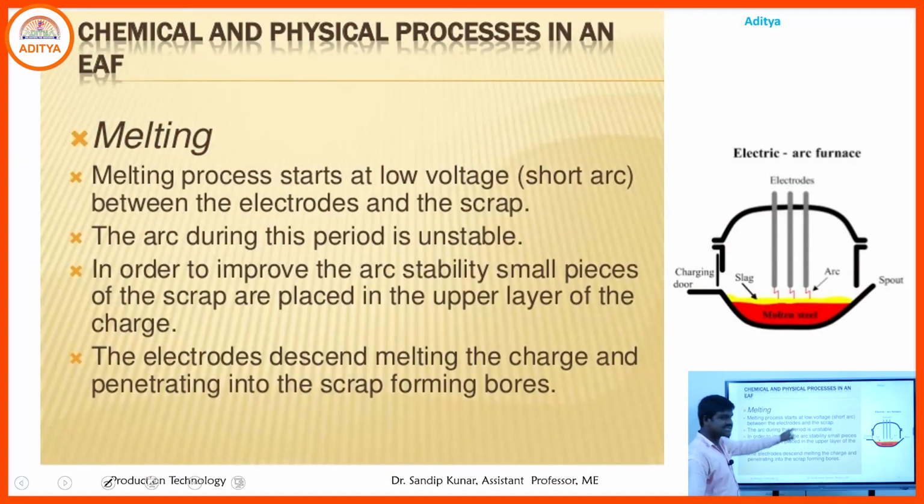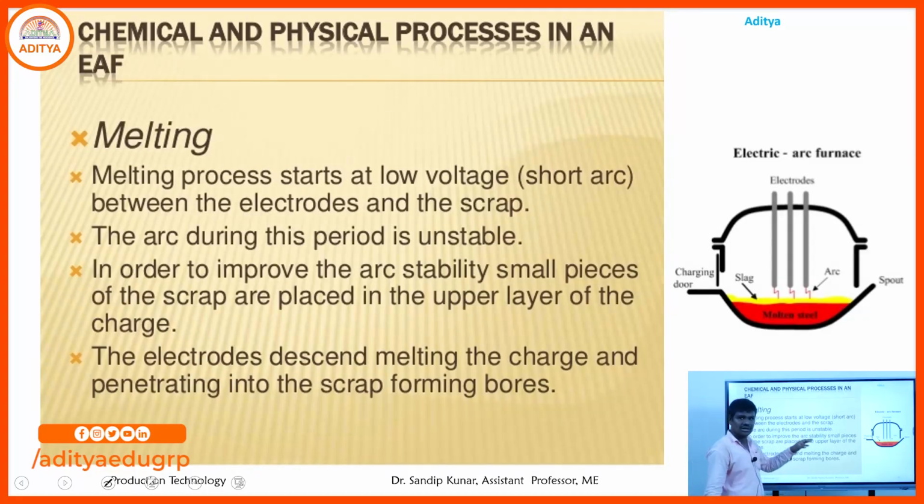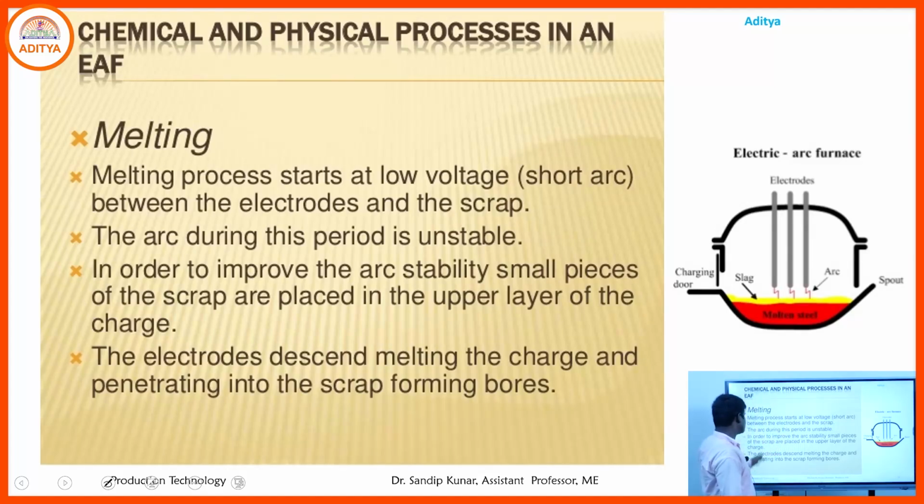Melting starts at low voltage between the electrodes and scrap. At that time the arc between the electrodes and scrap is unstable. So to improve the arc stability, small pieces of scrap are placed in the upper layer of the charge.